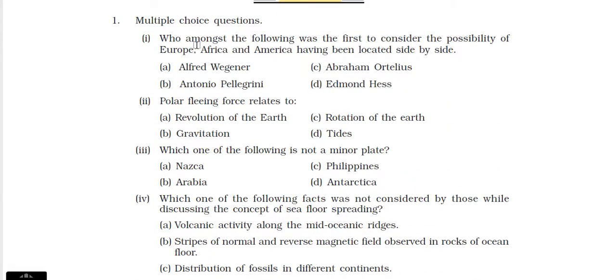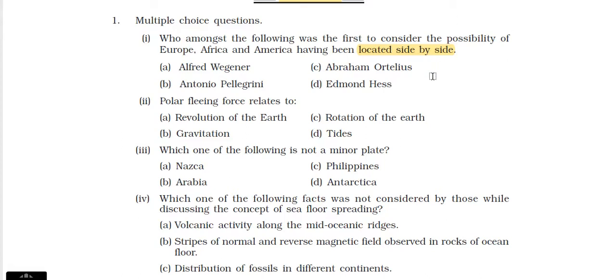So the first question says that who among the following was the first to consider the possibility of Europe, Africa, and America having been located side by side? So you can see that we are talking about the big continents, and the options given here are A. Alfred Wegener, B. Antonio Pellegrini, C. Abraham Ortelius, and D. Edmond Hess.